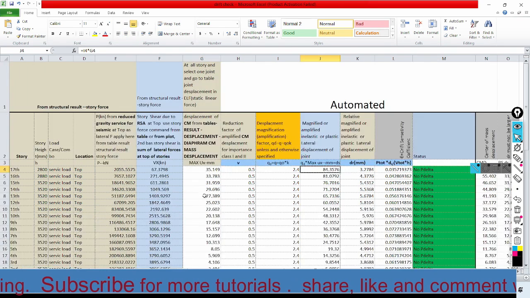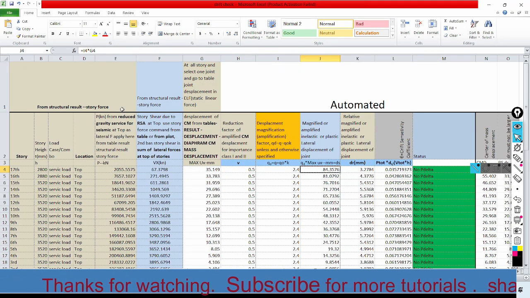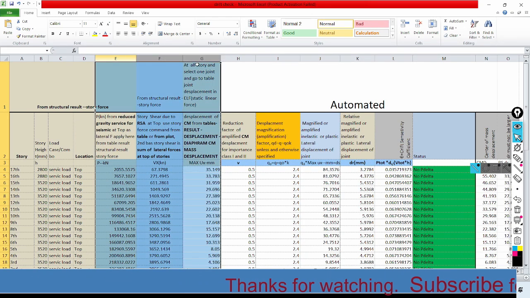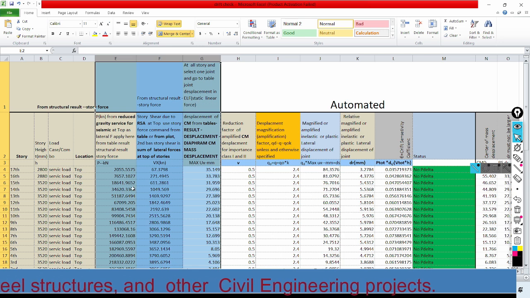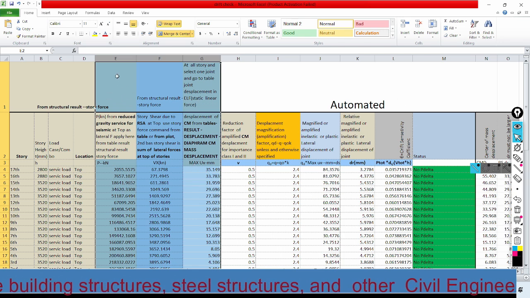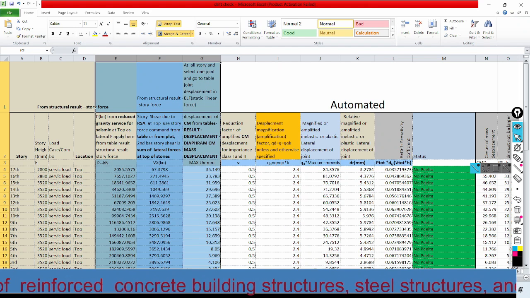Okay, so I can just extract all those values from ETABS. All the rest are automated spreadsheets. So I only take those three values from ETABS.